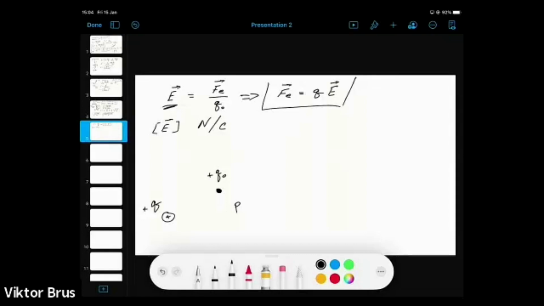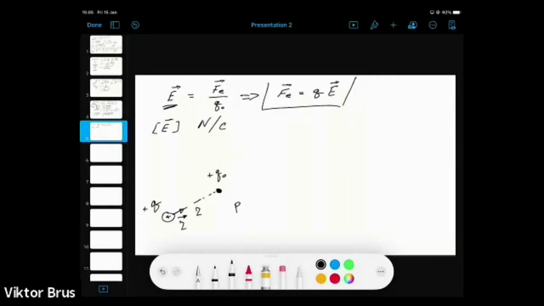So there is some distance from the source charge to the test charge, which is defined as R, and we have some unit vector which defines the direction of this radius vector R. In this case, as we mentioned earlier, we have a definition of electric field.